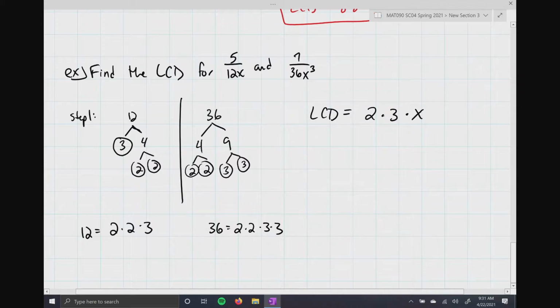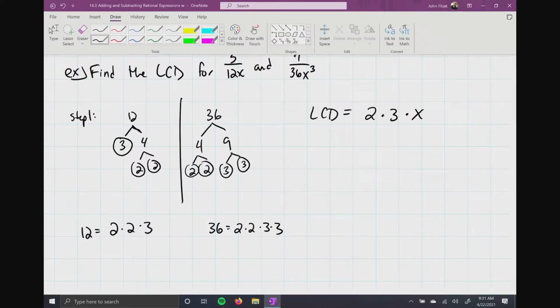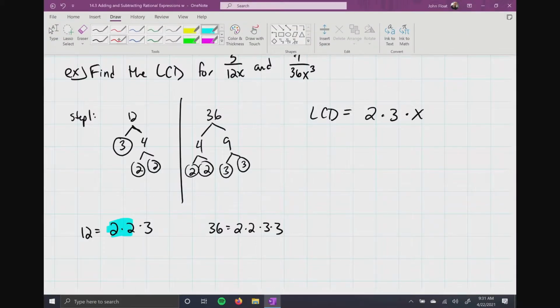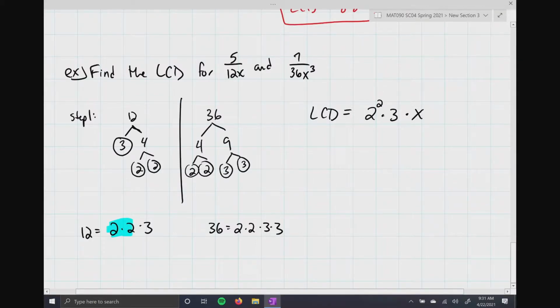And the 2, the 3, and the x, I need to figure out what exponent each is going to have. If we start with the number 2, notice 12 and 36 both have two 2's. So it doesn't matter which one you pick from. In your LCD, it's going to be 2 squared.